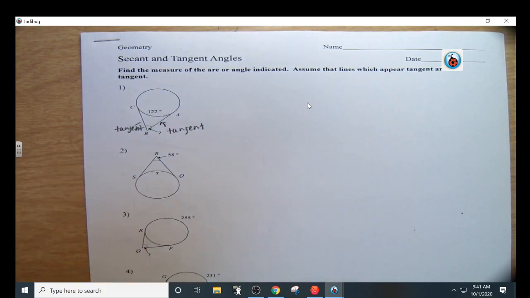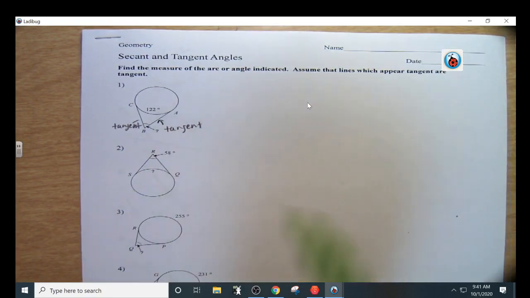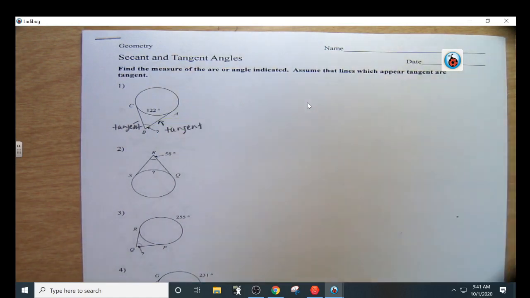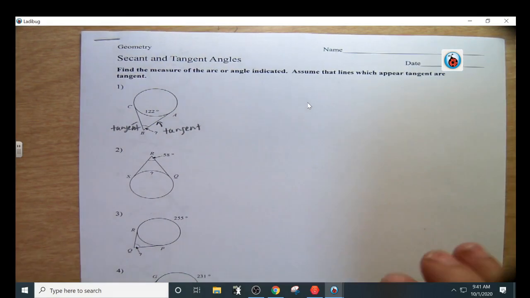But anytime a line touches a curve or a circle, anything that it touches at one time, that is known as a tangent line. So we're going to assume all these are tangent lines. I just want to make sure you guys knew what a tangent line was, but that's not going to be the main focus.